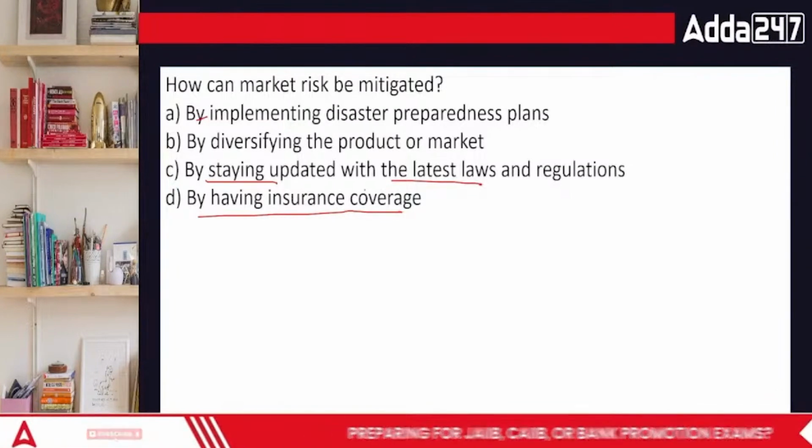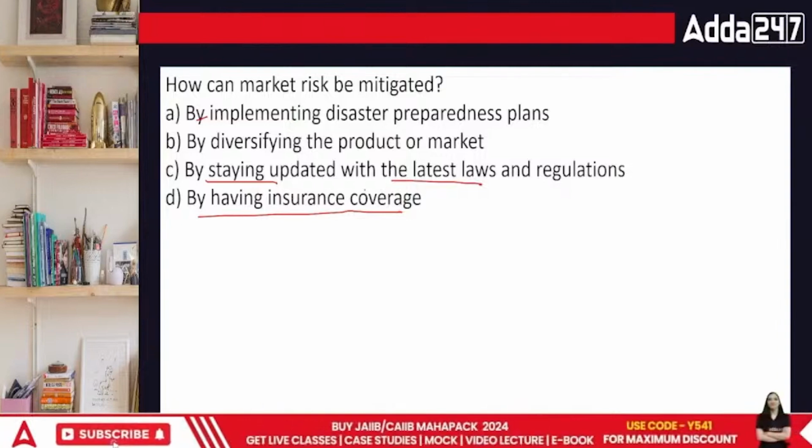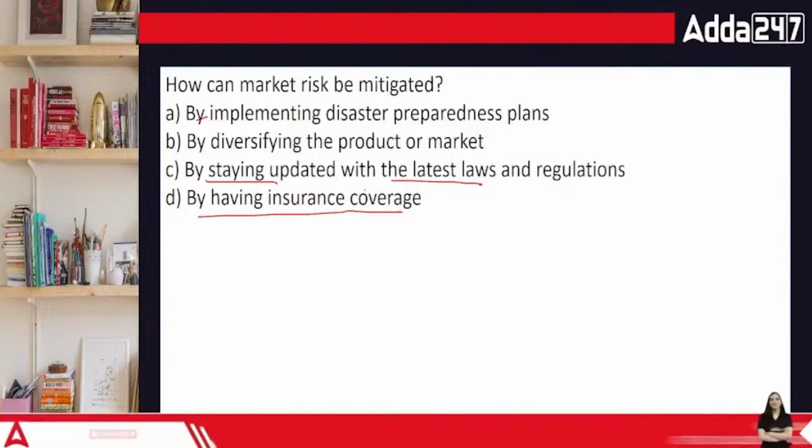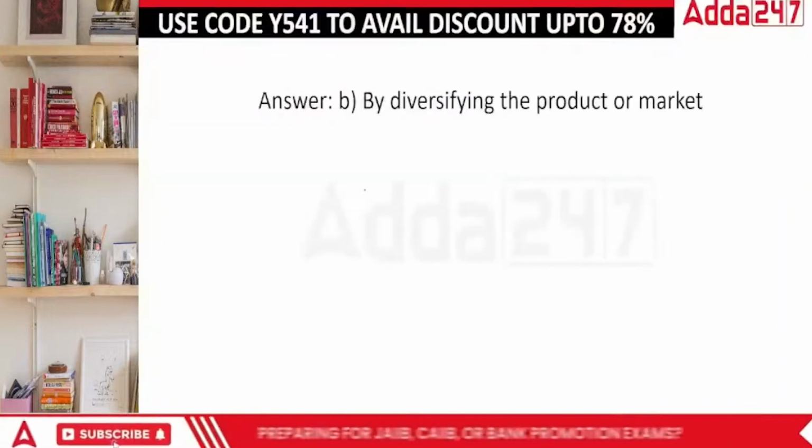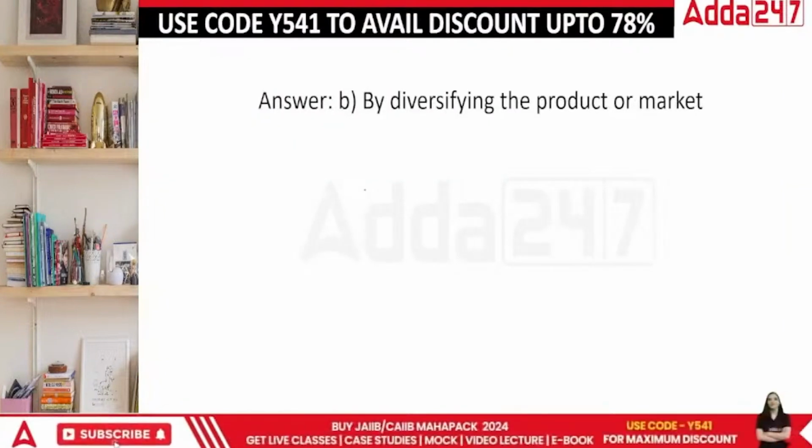Risk can actually be converted if we diversify it. Diversify it, matlab we give it to someone else as well. That means we are looking into the product, and if one part of the product doesn't work, the other part might.